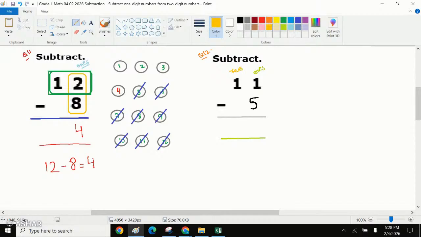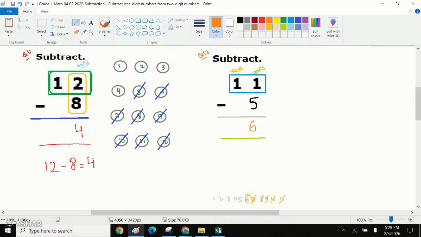So we consider this number as a whole. We cannot break it into ones or tens, right? So we say 11 minus 5. And the easiest way is we write the numbers 1, 2, 3, 4, 5, 6, 7, 8, 9, 10, and 11. We subtract 5 numbers, 1, 2, 3, 4, 5, and we are left with a 6. Okay?